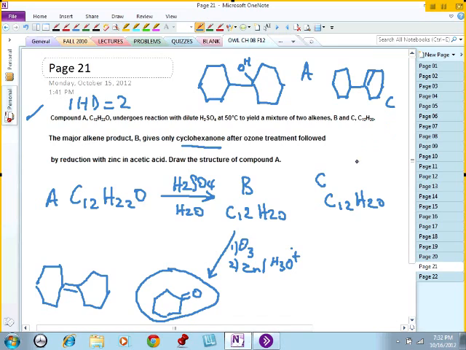So this must be compound C, and this must be compound B, and this is compound A. This is the minor product because this is less substituted. No? None of you get it. Well, I just want to throw that out.